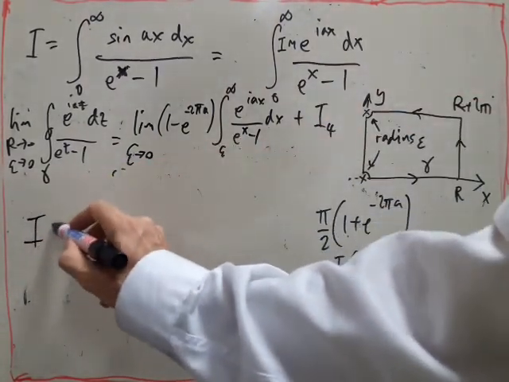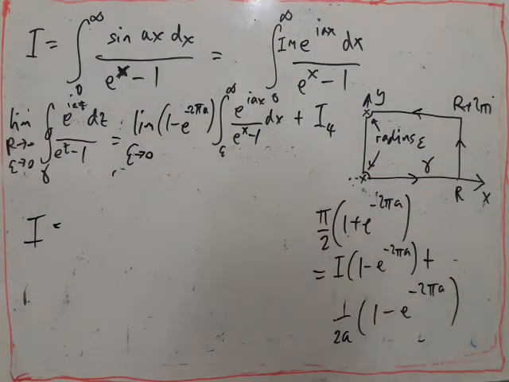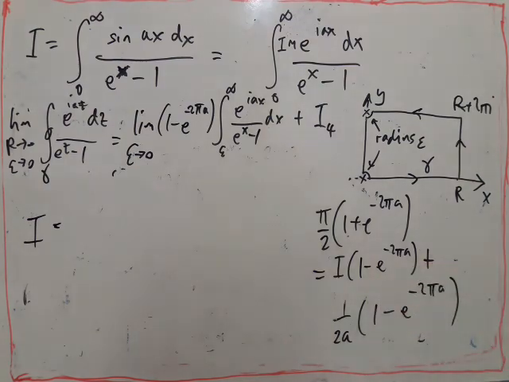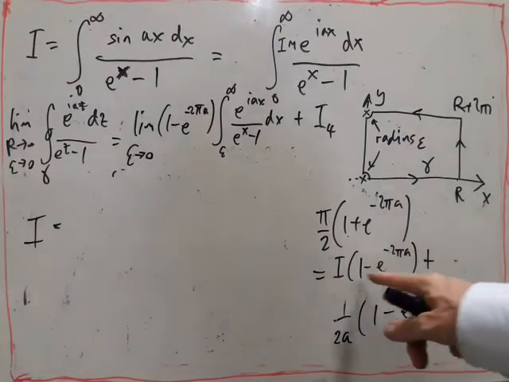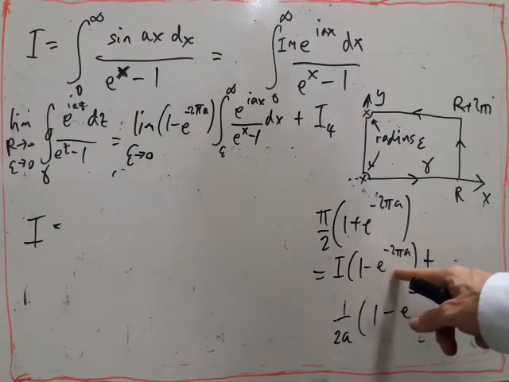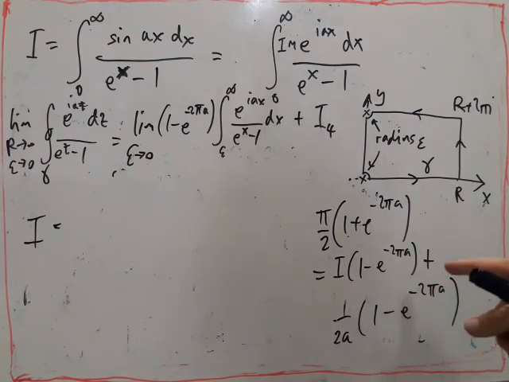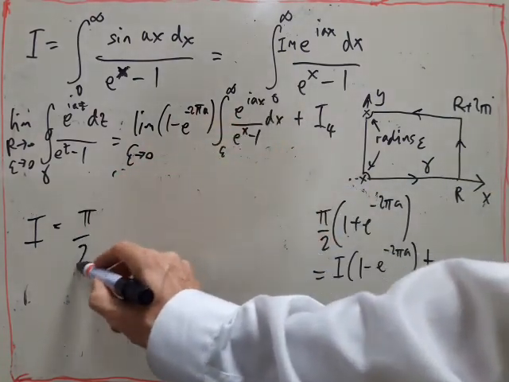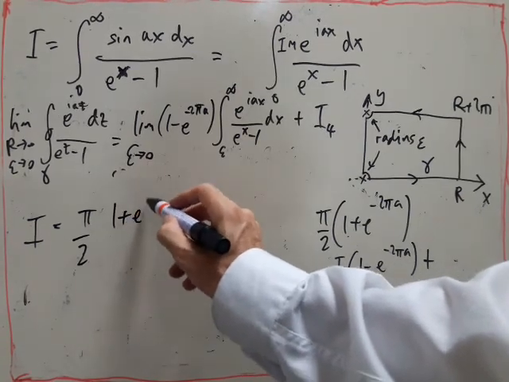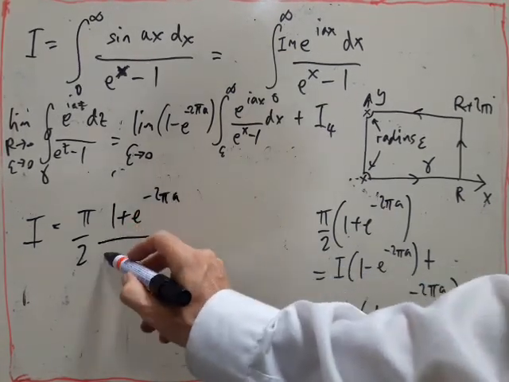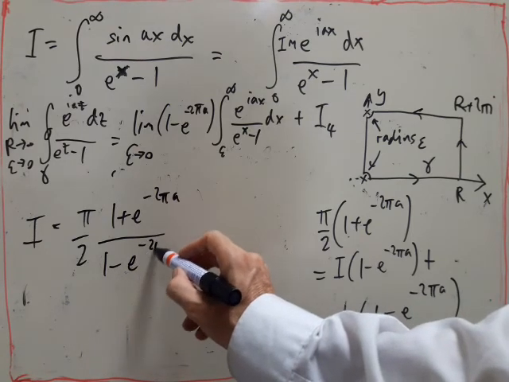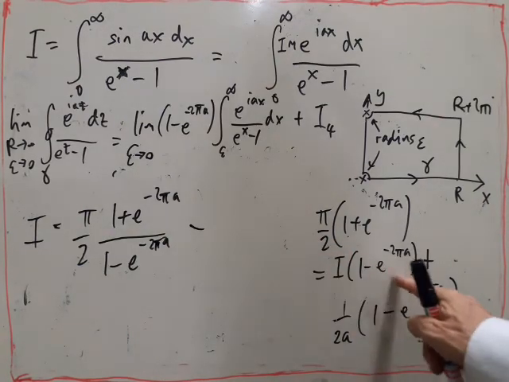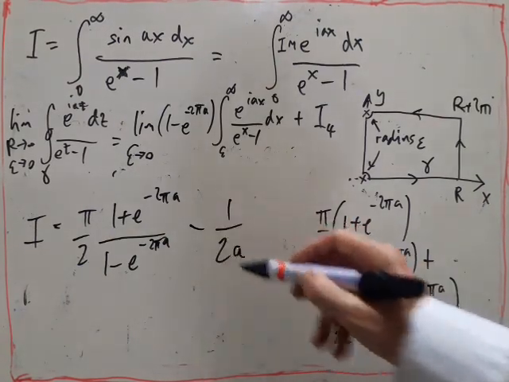So therefore I is equal to, dividing everything by 1 minus 2 e to the minus 2 pi a, and shifting this over to this side. So do this bit first. And shift this over. This is the same factor as this, so I just get minus 1 over 2a.